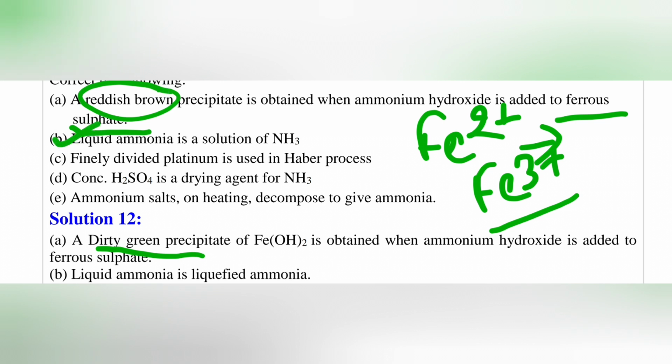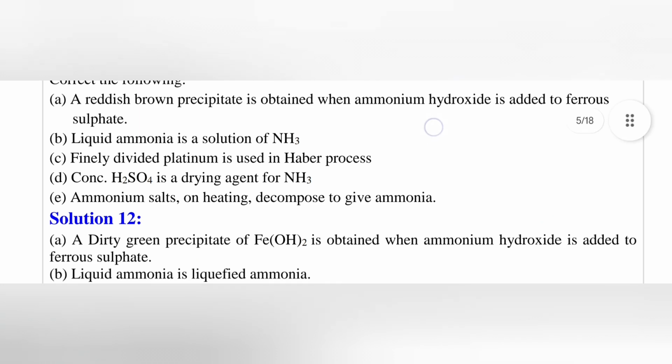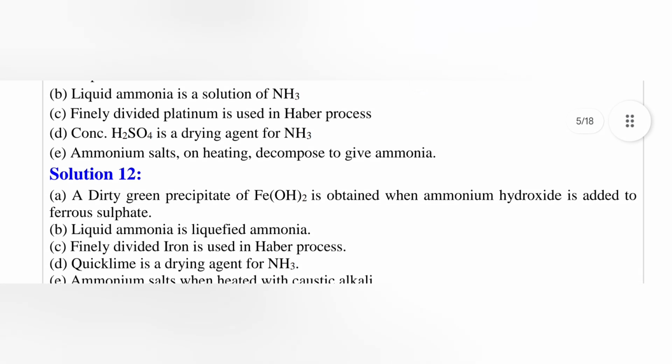Liquid ammonia is a solution of ammonia. So the answer is incorrect. Liquid ammonia is liquefied ammonia. Third: concentrated H2SO4 acts as a drying agent in the preparation of ammonia. This is wrong.